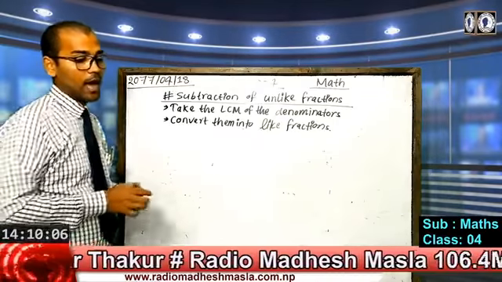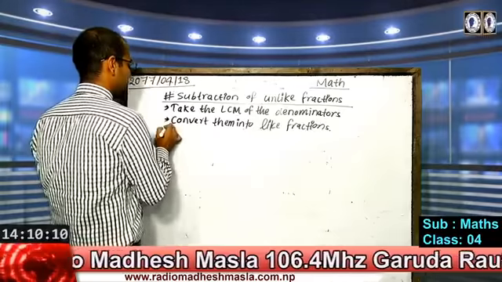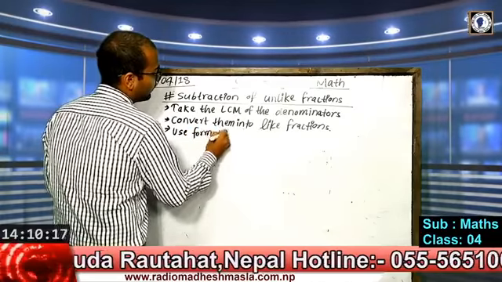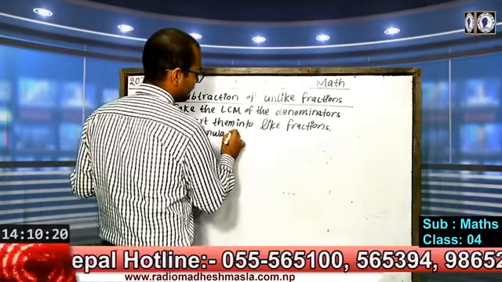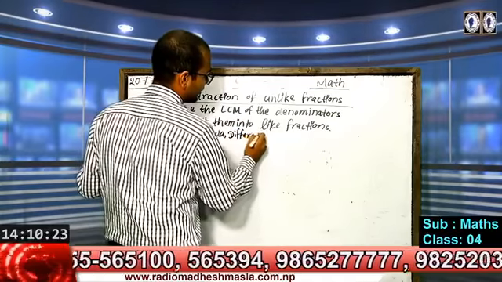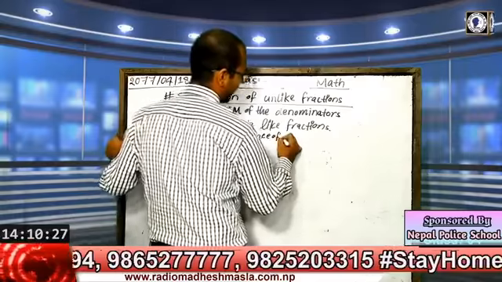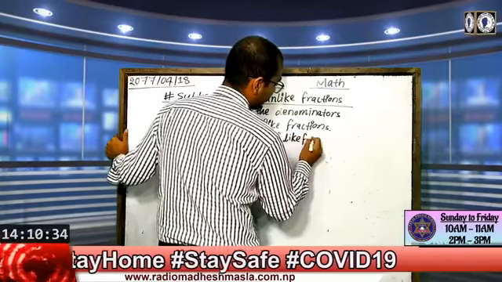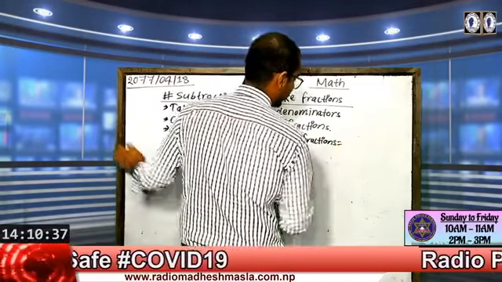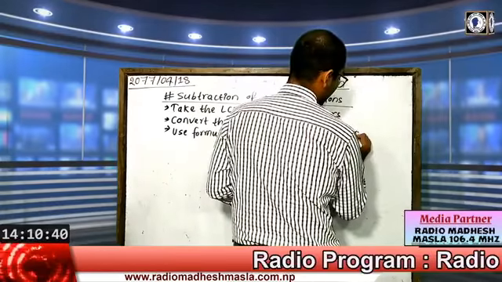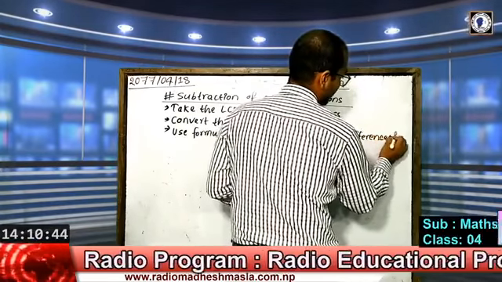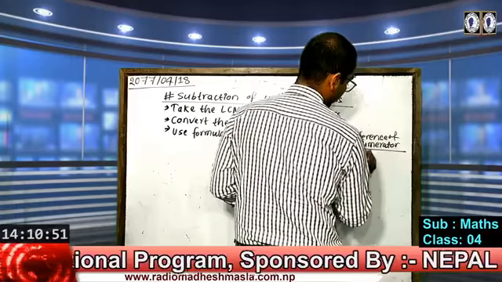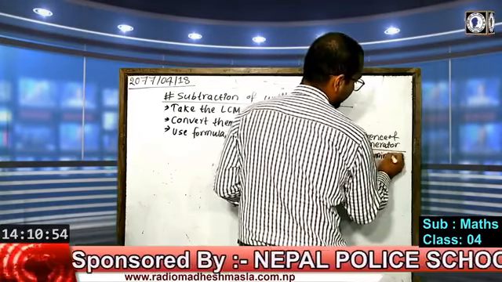Then in the third and last step, we should use the formula: difference of like fractions is equal to difference of numerators by denominator.